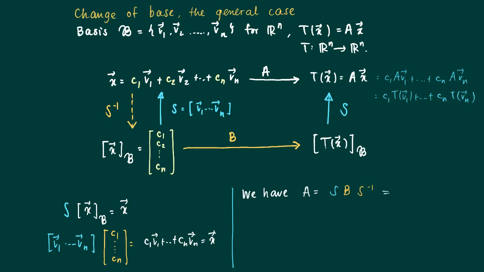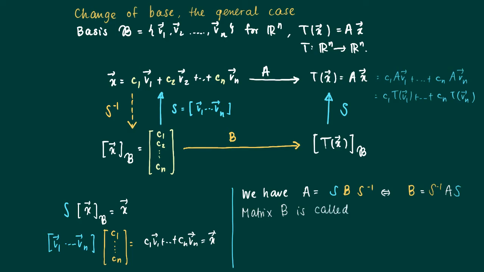So actually the working of A is the same as the working of the matrix multiplication S times B times S inverse, or the inverse of S. Which means that if we are given a matrix A, we can calculate the matrix B as S inverse times A times S. Well, the matrix B is called the matrix of T with respect to the basis beta.